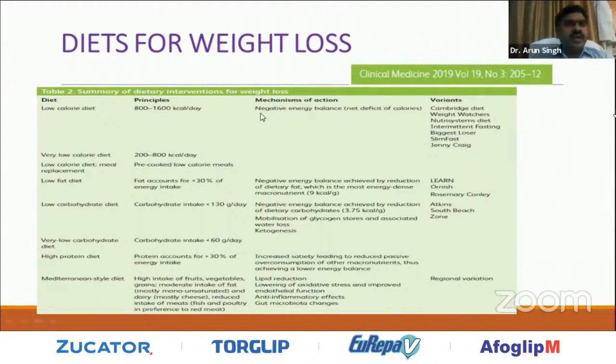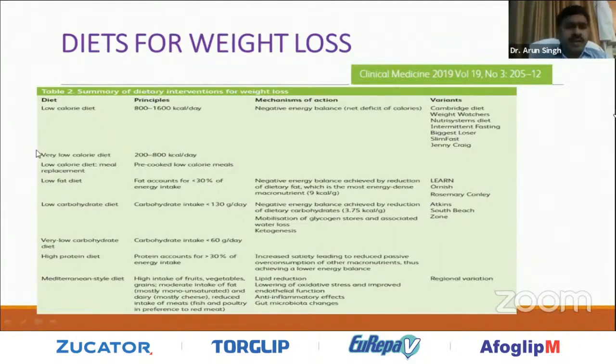Obviously, behavior modification is there, and the most commonly used interventions are diets and physical activity. There are different popular diets used for weight loss, like low calorie diet, very low calorie diet, meal replacement, low fat diet, low carbohydrate diet, that is ketogenic diet, very low carb diet, and high protein diet.